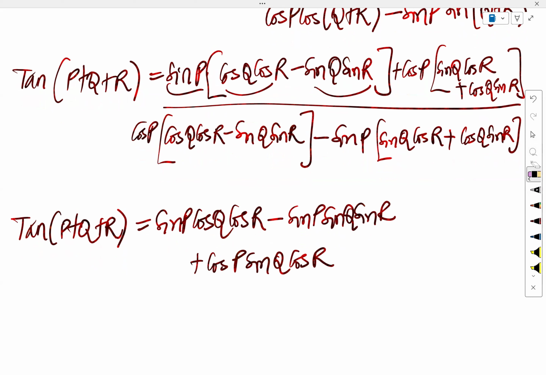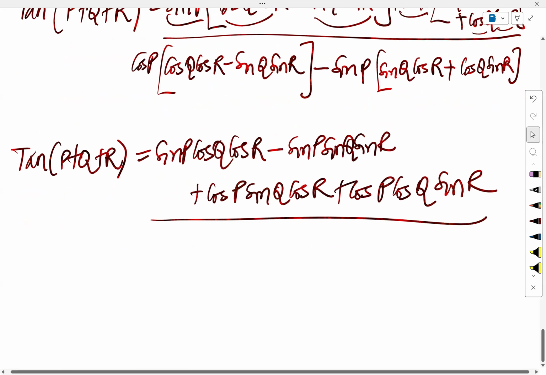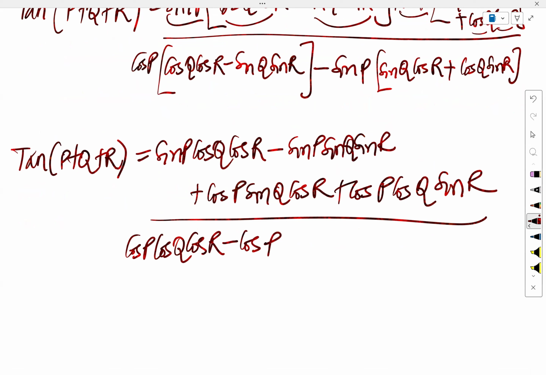So you have plus cos P cos Q sine R, plus cos P sine Q cos R, which was what we had up here. So we go down again and we have cos P cos Q cos R minus cos P sine Q sine R up there.